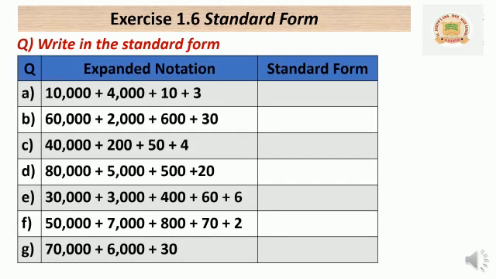Exercise 1.6 standard form. Write in the standard form. These questions are given in the expanded notation. Now, how to write the standard form, children? We have to begin with the ones place. So first what number comes? 3. Then in the tens place we are having 10 itself. So it will become 1.